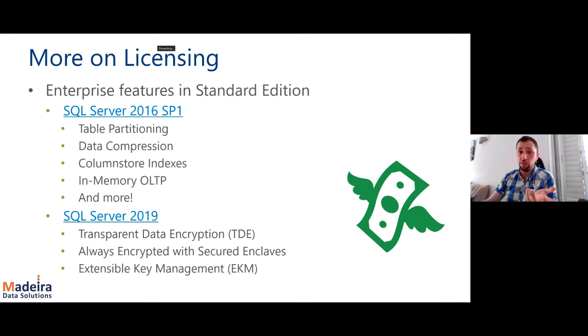If the only reason you have an enterprise SQL Server version is that you need partitioning or compression or column store or in-memory OLTP or TDE, then you should consider upgrading the version and downgrading the edition, because all of these features could be available in lower editions and all you have to do is upgrade the version. Okay, so that is an important consideration. Of course, there are different benefits to enterprise edition, so it depends on your specific use cases.